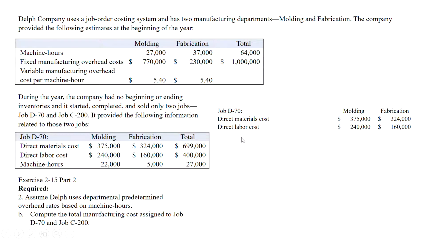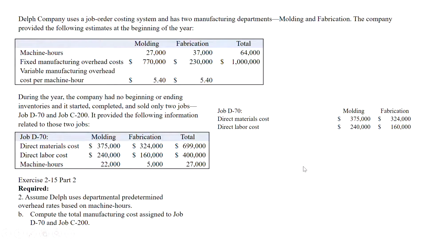Individually, I'm going to list for molding and fabrication, direct materials for molding of $375,000, fabrication of $324,000. Again, this is the actual cost of direct materials. Direct labor, just getting the information from here, actual cost $240,000 for molding, $160,000 for fabrication.